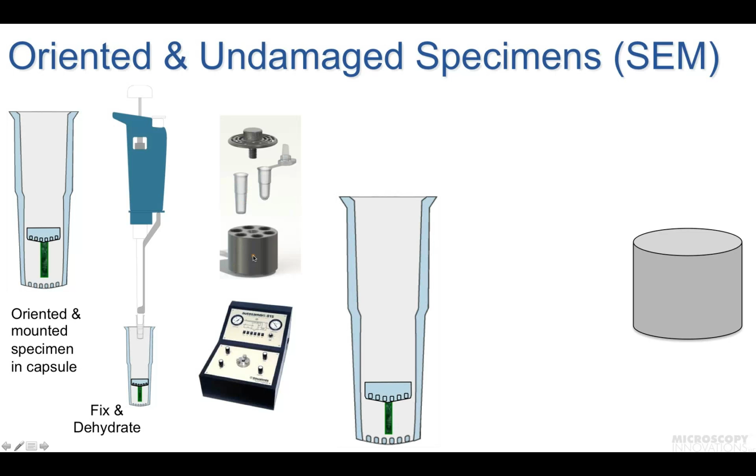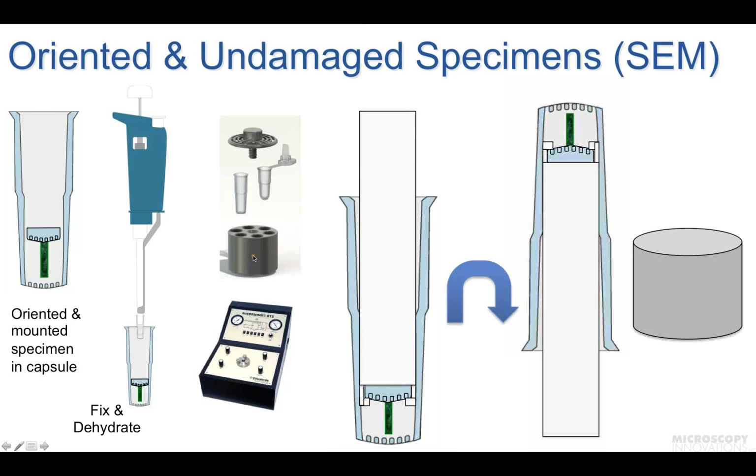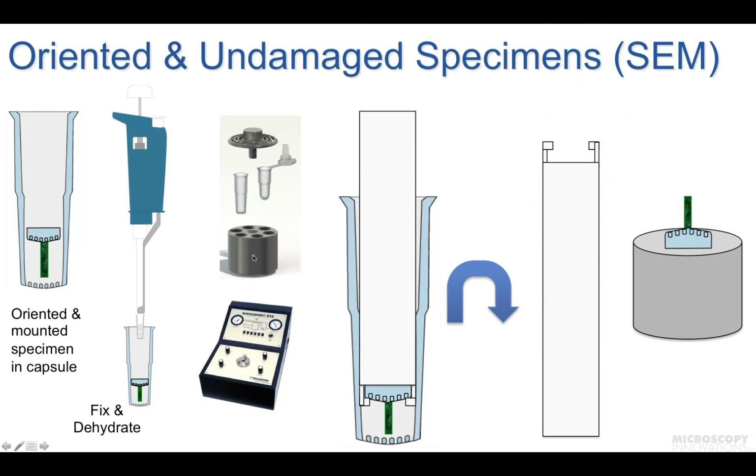And then after the critical point drying, one simply uses the insertion tool or the workstation to remove the capsule, and then using forceps, place the screen holding the sample onto the stub, where the screen is now coated with a conductive paste, carbon paste, or similar, again, whatever you prefer. And that's essential because the screen is polypropylene and would charge. So this provides a good ground between the specimen and the stub.